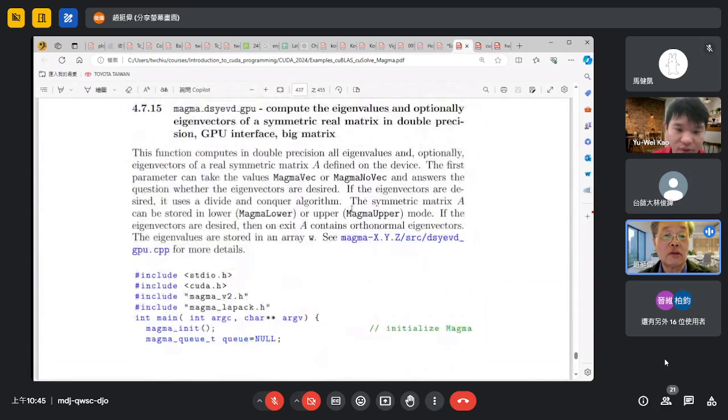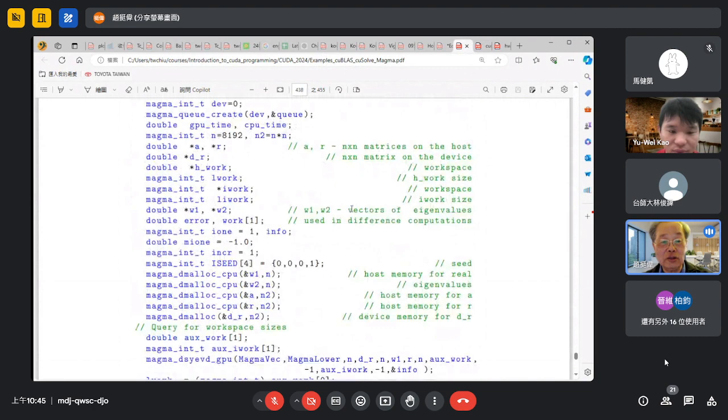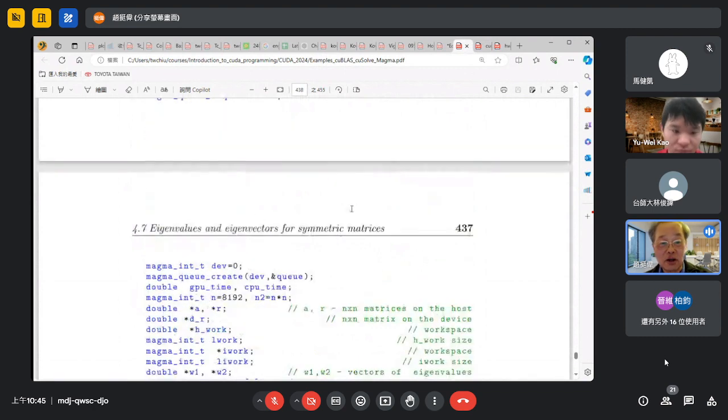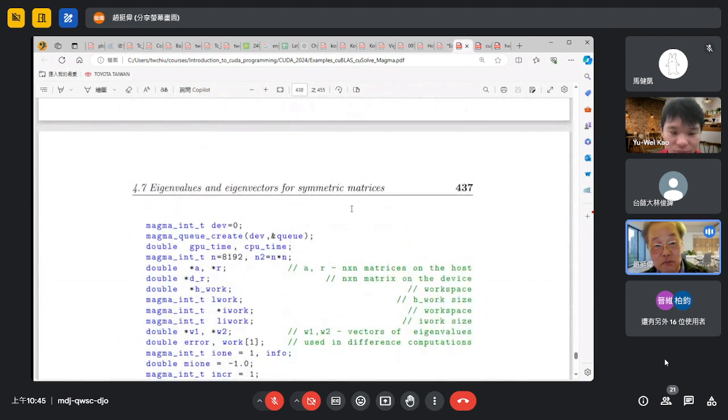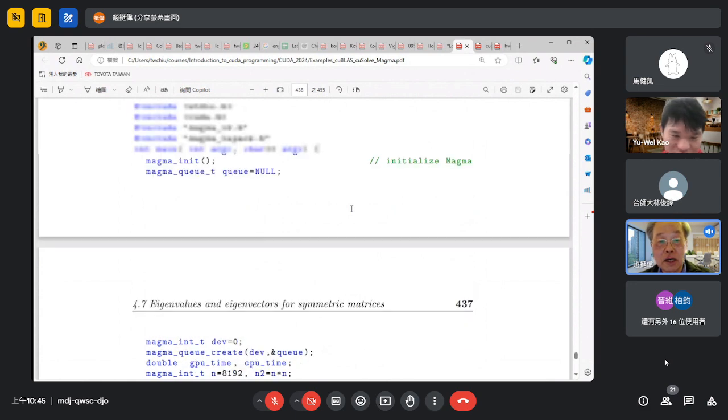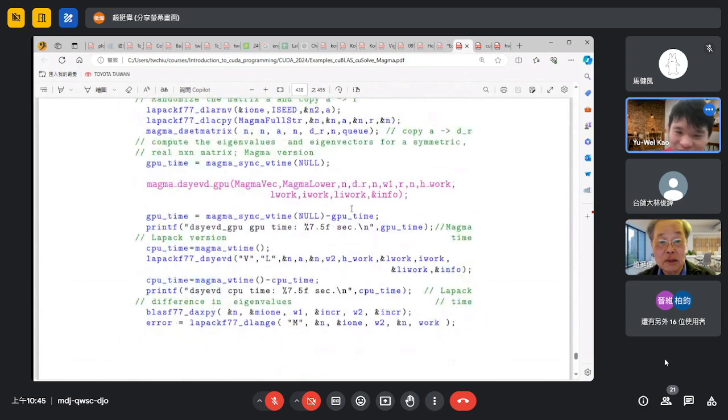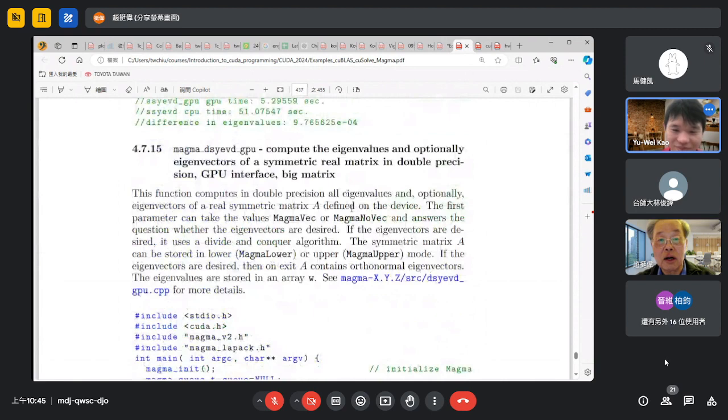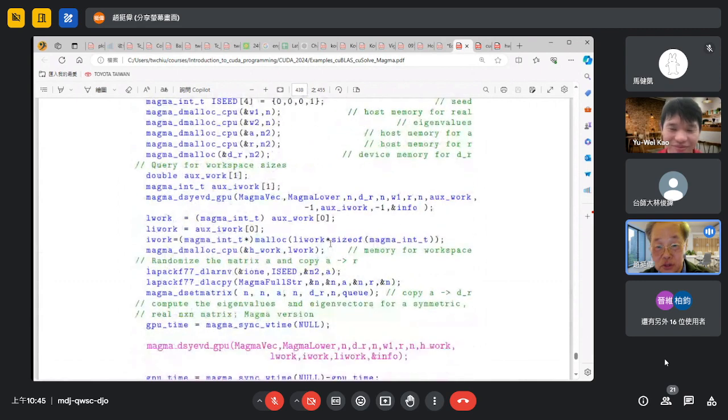I see. So the cookbook is very useful, instead of going through the MAGMA manual. The MAGMA manual is even longer, and you will not have such a simple example. You can just use it directly.